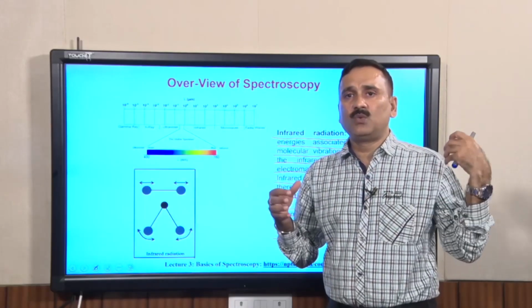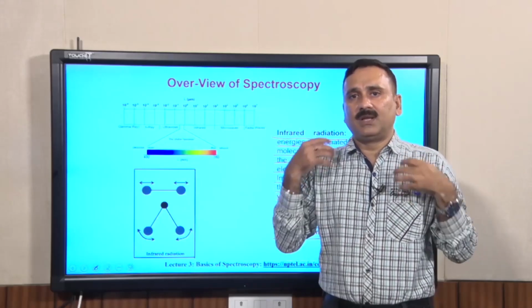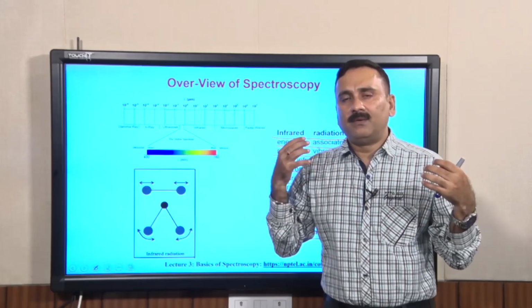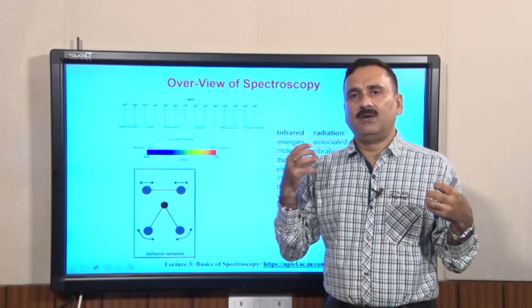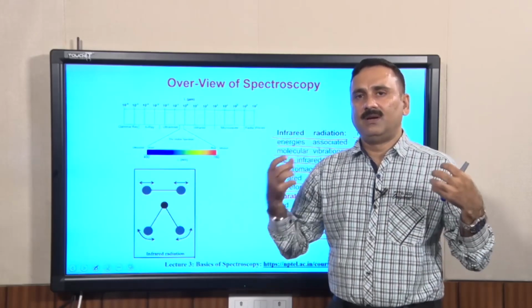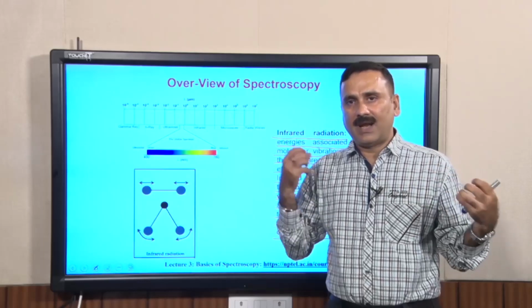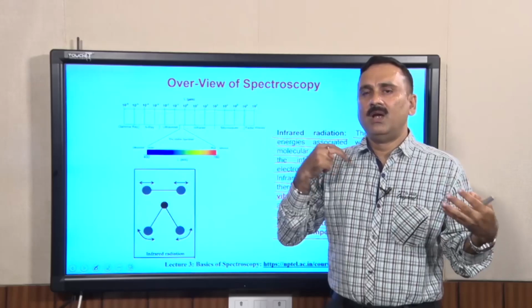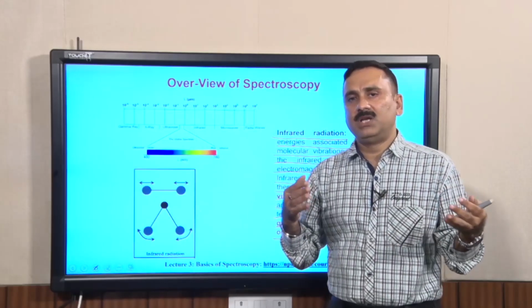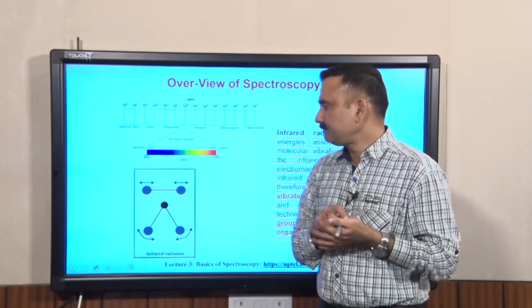present. So, if you change one atom or the central atom, it is going to affect the vibrational frequencies of the other atoms, and that affects in what region of the IR radiation the molecule is going to absorb light.